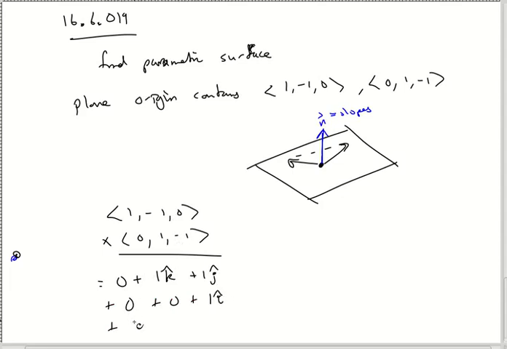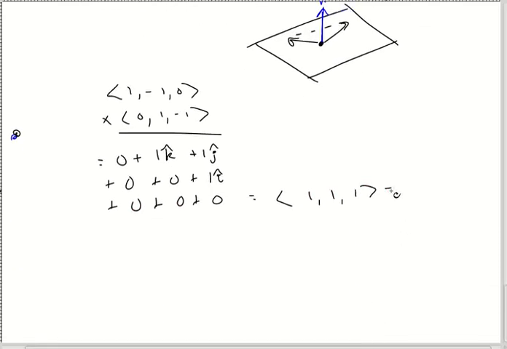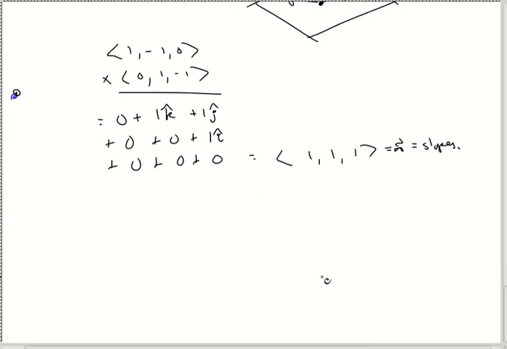And what we end up with is 1, 1, 1 as my normal vector, or your slopes. So in the end you have a very simple plane: 1(x - 0) + 1(y - 0) + 1(z - 0) = 0.